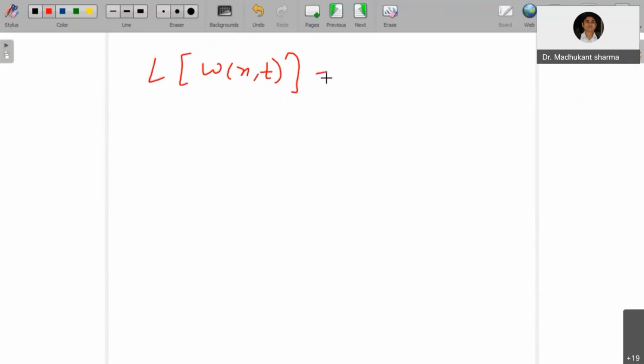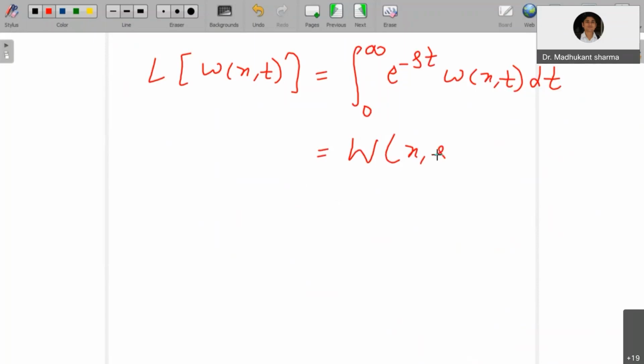So this equals the integral from 0 to infinity of e to the power minus st times w of x comma t dt. Here t is the integration variable, so we define this as capital W of x comma s.